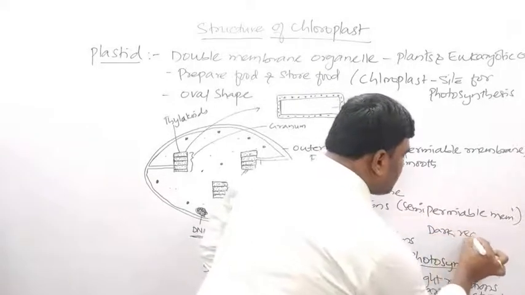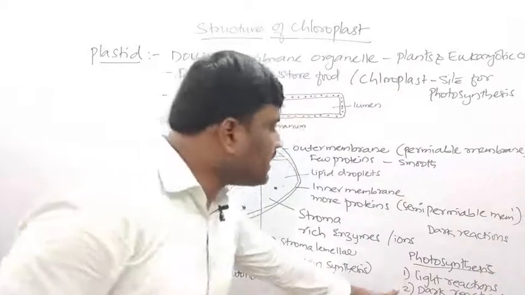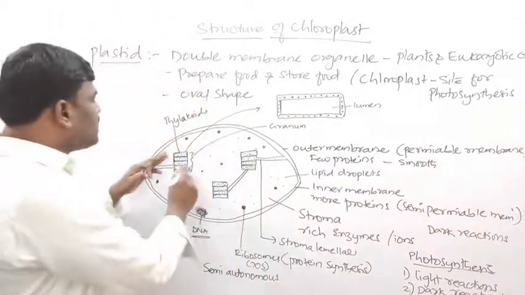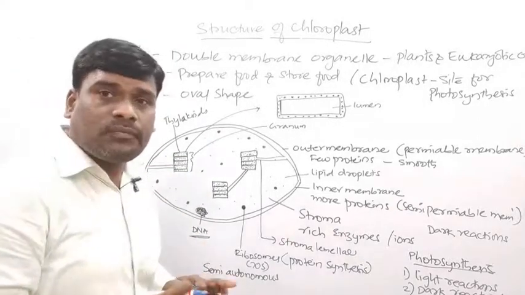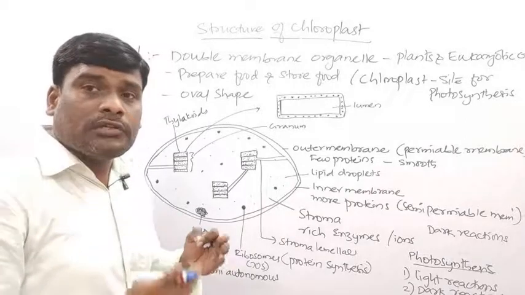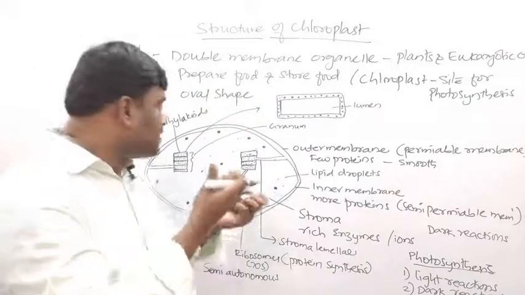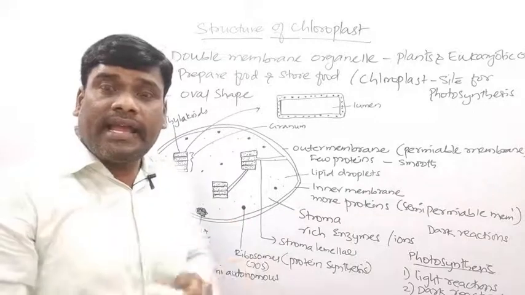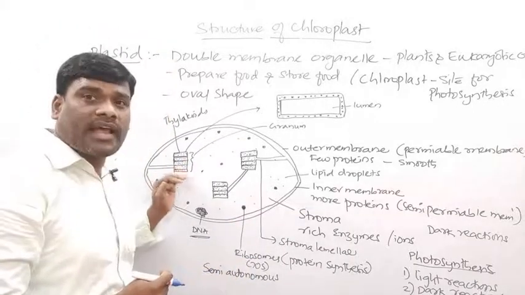Dark reactions. So where do these light reactions and dark reactions occur? Okay, so here in the thylakoid membranes, in the granum, children, in the membranes of thylakoid, we see chlorophyll. So sunlight is trapped inside these thylakoids. Light reactions occur in these thylakoids, in this granum.